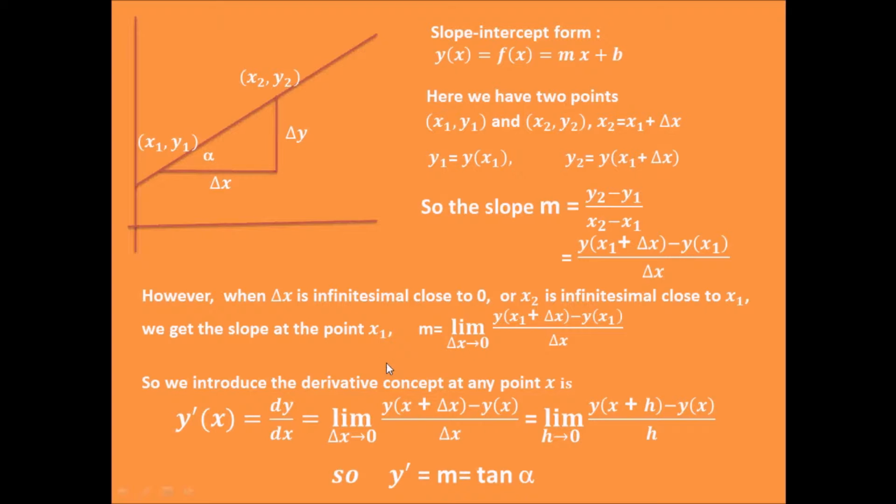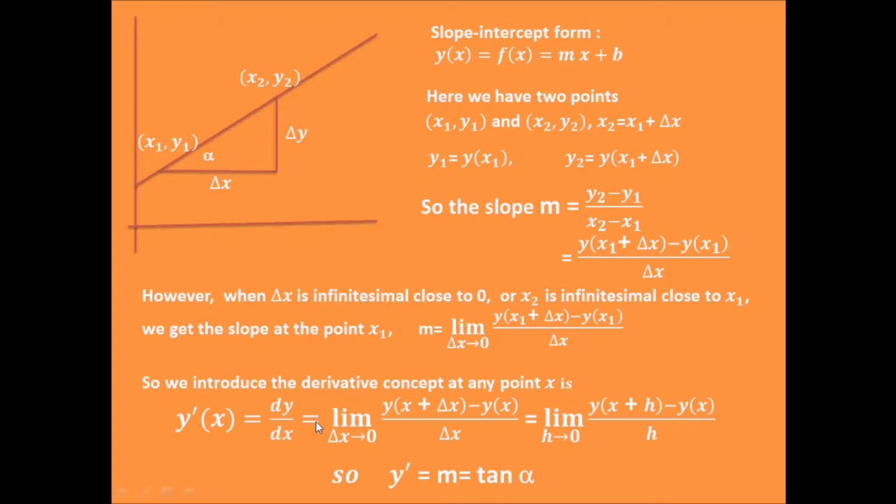So we introduce the derivative concept. At any point x, the derivative y prime equals delta y divided by delta x. Here, y prime and dy divided by dx are the notations of the derivative. Essentially, they are the same.